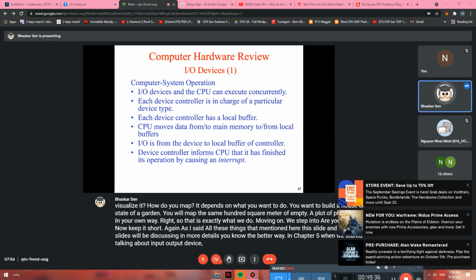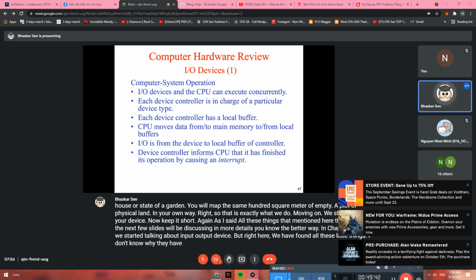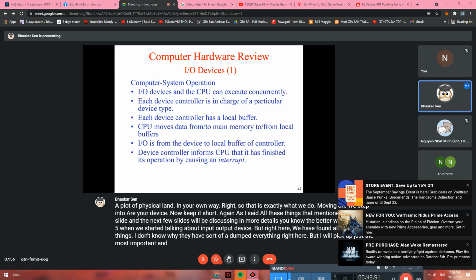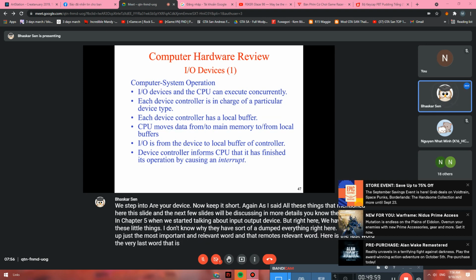But right here, I don't know why they have dumped everything, but I will pick up just the most important and relevant word, the very last word in italics, called interrupt. What is an interrupt?